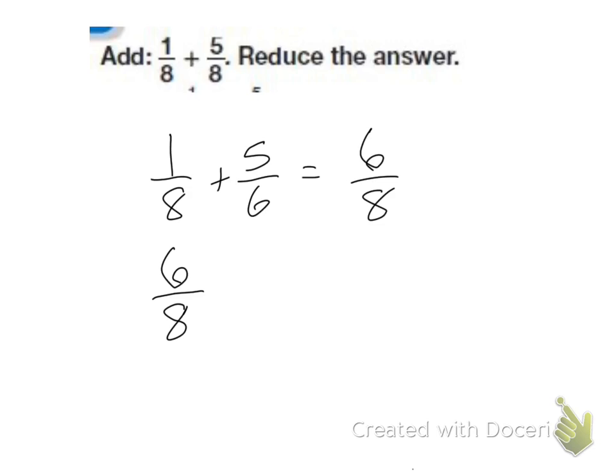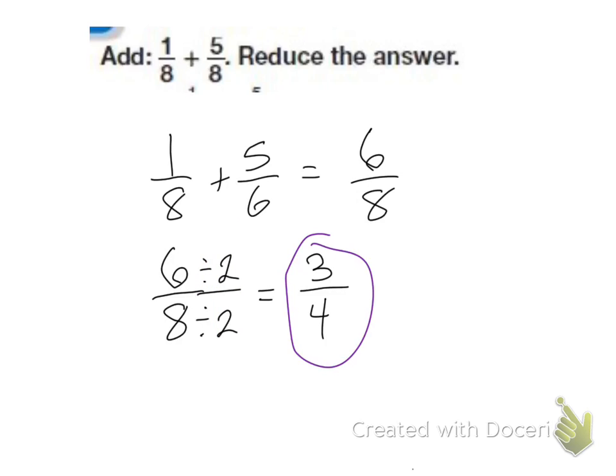So since 6 and 8 are both even, I can divide both these numbers by 2. Okay. So 6 divided by 2 is 3, and 8 divided by 2 is 4. Now notice, I always use the same number on top and bottom because this has to equal 1. Okay. All right, so 3/4 is the smallest term.